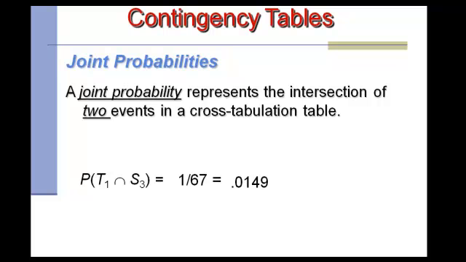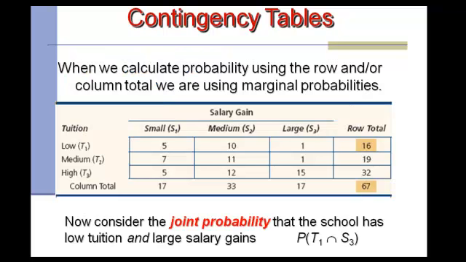Let me return to that last slide. What you should have been looking at in the table for low tuition and large salary was this number right here. Obviously this is the most desirable: lowest tuition, large salary gain, and the likelihood of that was 1 out of 67. So what was the likelihood of a high salary gain and a high tuition? That would be 15 out of 67.